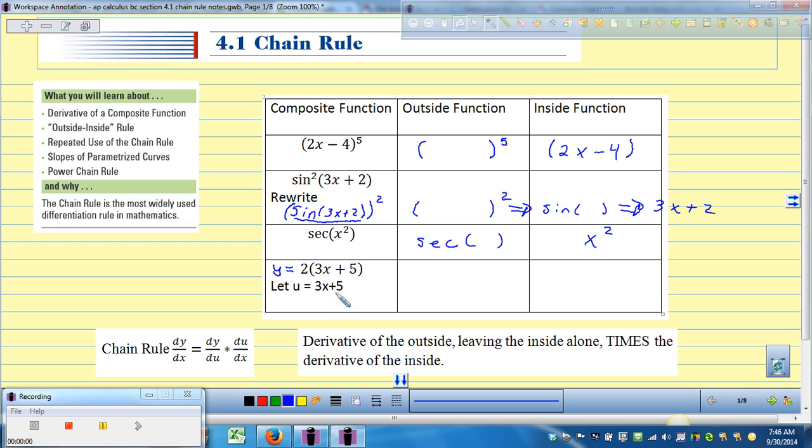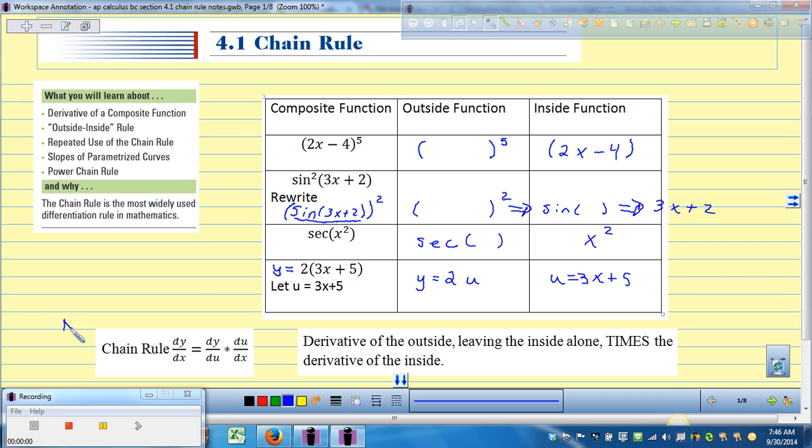Let u equal 3x plus 5. So now our outside function, if we write it in terms of u, we would have y equals 2 what? 2u. And then our inside function would be u equals 3x plus 5.